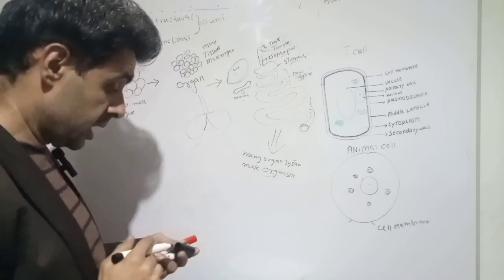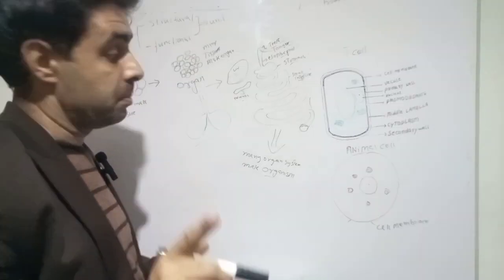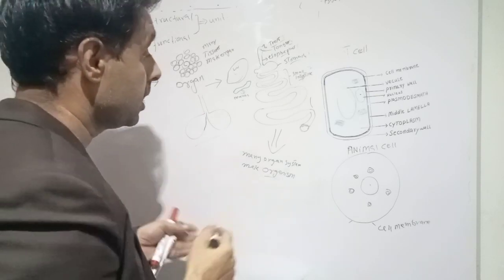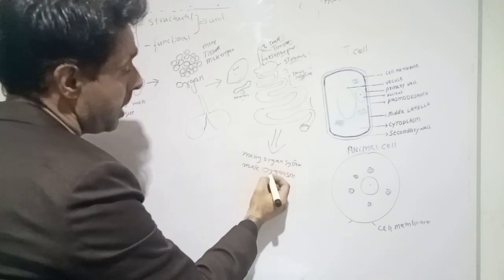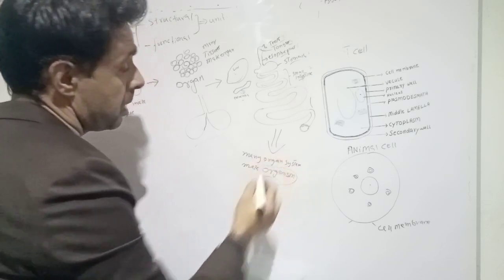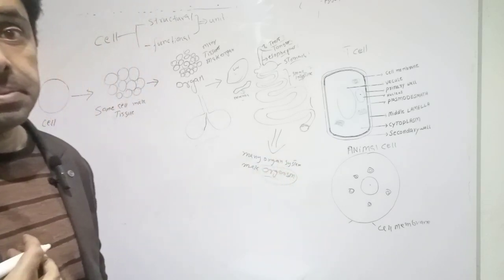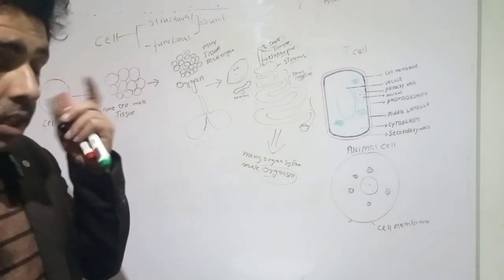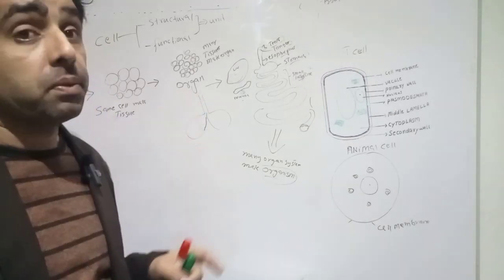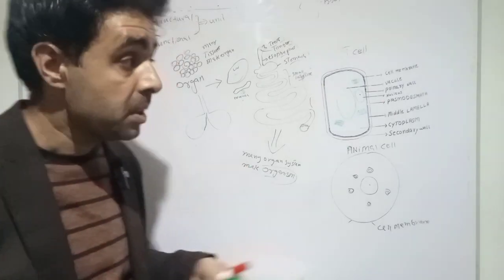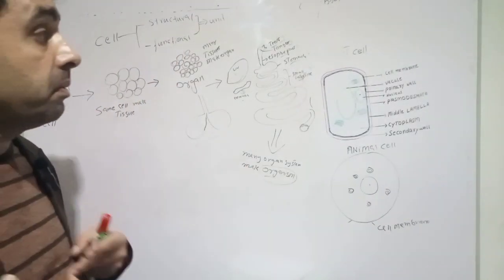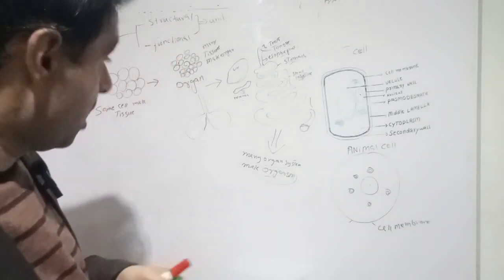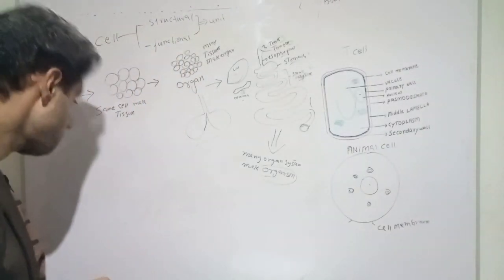Now, it is only one system. Many other systems collect together and make a whole organism. I am an organism. Cells make my tissues, tissues make my organs, my different organs make different organ systems, and my different organ systems make an organism like me. Now I will repeat it again.